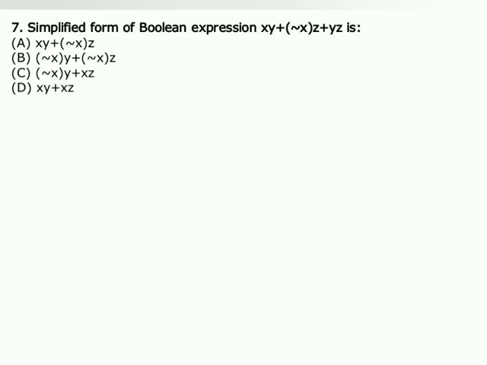Simplified form of Boolean expression xy plus negation xz and yz is. So we can write the given expression here by using the consensus theorem. So we are considering yz into 1 here, right? So here there is nothing, that's why we are considering into 1.